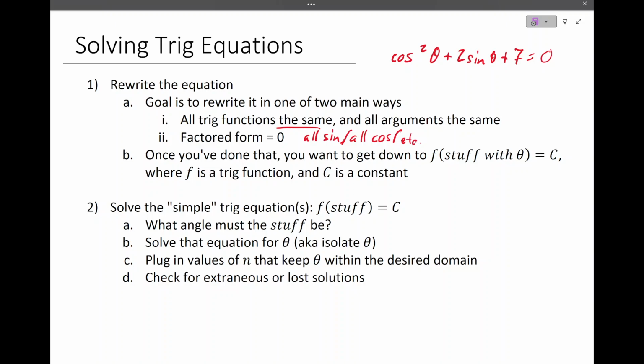In addition to that, you would also like to have all your arguments be the same, because if they're not, I can't usually use a lot of my identities. So again, the argument is just the thing that you're inputting into the function. So I don't want to have a mixture of, let's say, cosine of 2 thetas and cosine of thetas. I would prefer to have all the same argument.